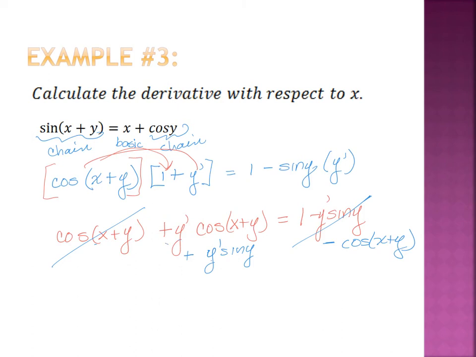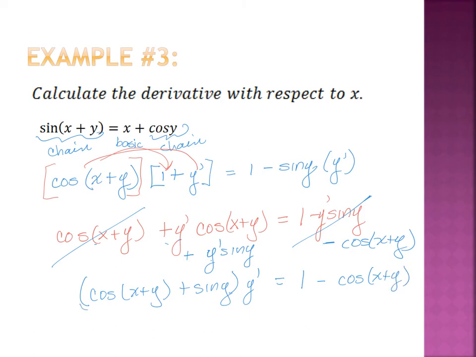So I have cosine x plus y plus sine y, and it's multiplying y prime. And I have 1 minus cosine x plus y.